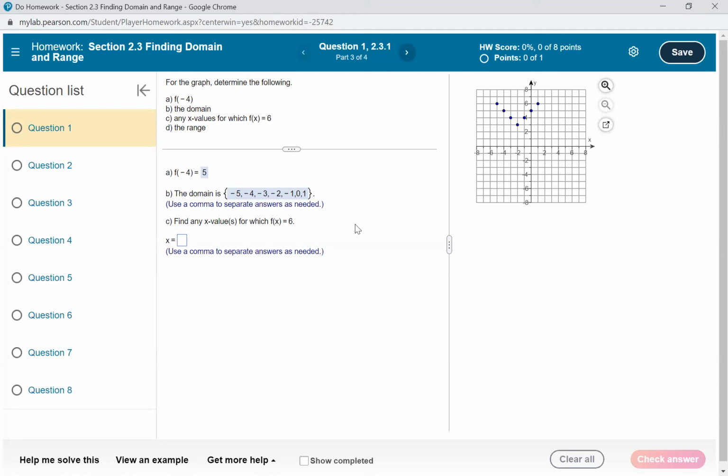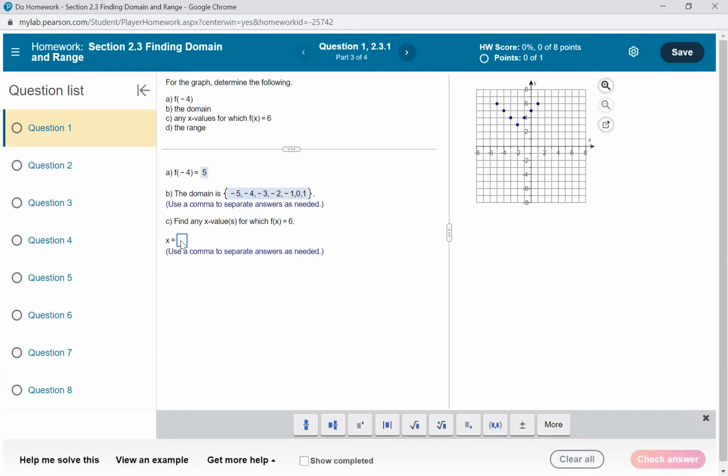And y'all, if you'll notice, the two top points of the V on each side are on the line where y equals 6. So since both of those are on the y equals 6 line, I need to get both of those x values. So my furthest point to the left has an x value of -5.